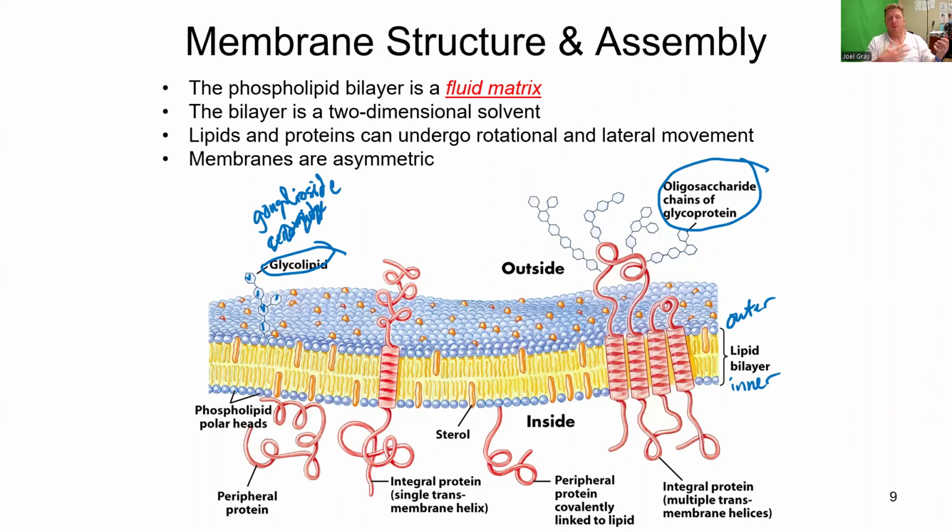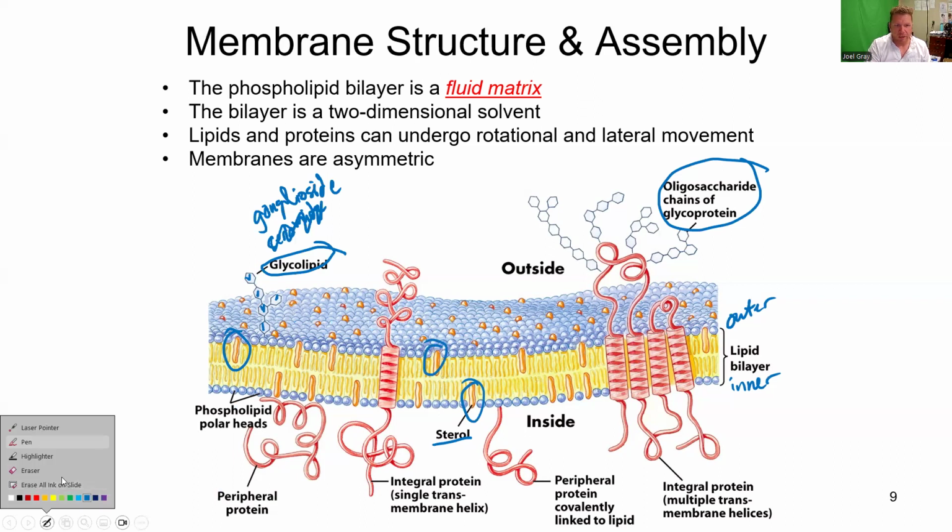So a ganglioside is typically going to be found in the outer leaflet. Then these little hot dog type structures right here are your sterols, like cholesterol. Those can be found on one side or the other side of the membrane, so on the inner side or the outer side.